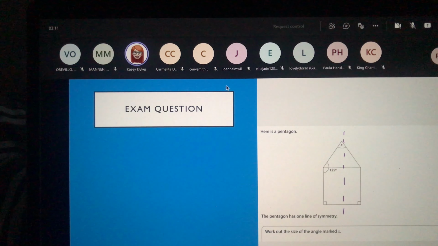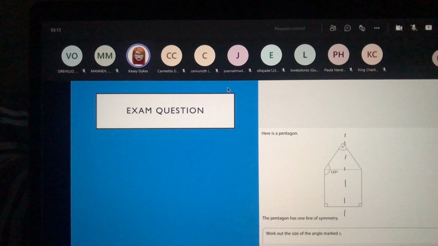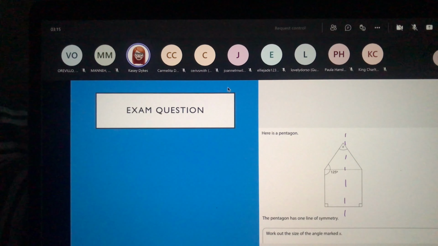So now I'm kind of throwing you in the deep end a little bit with this question, but does anyone have a possible way that we could solve it?